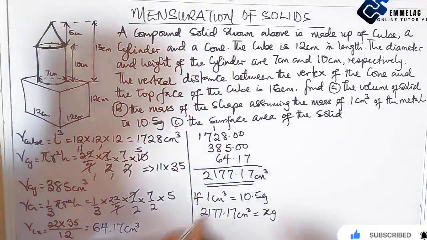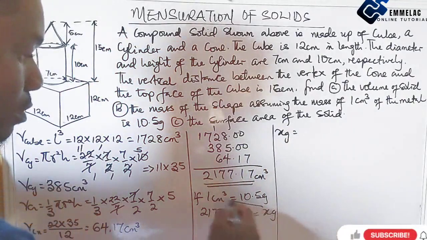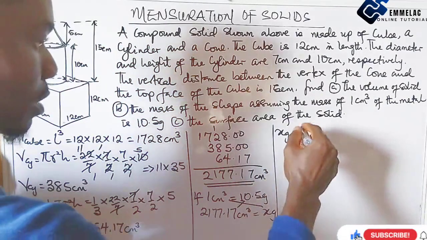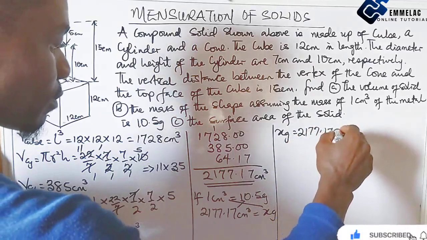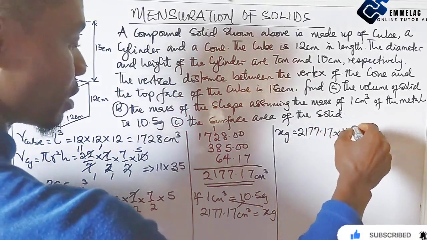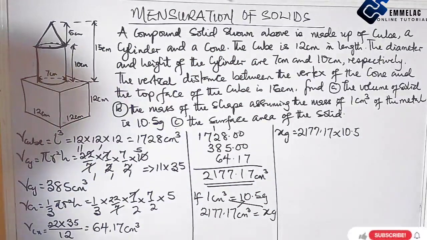By cross multiplying, X gram equals 2177.17 times 10.5.